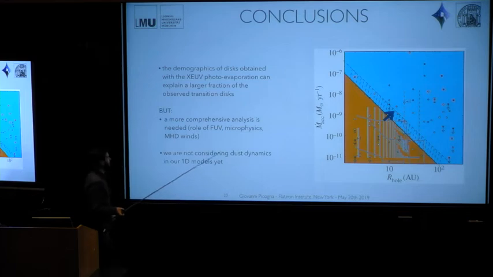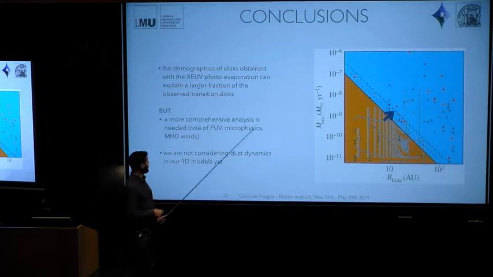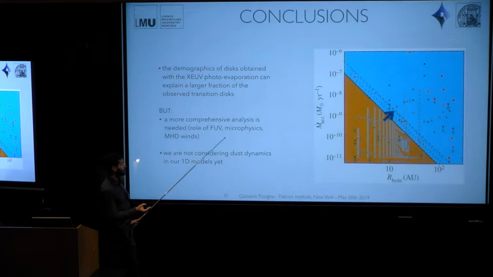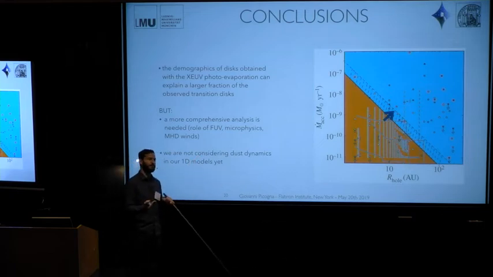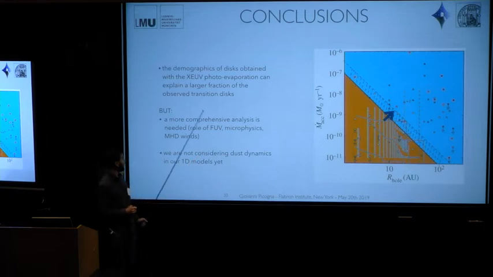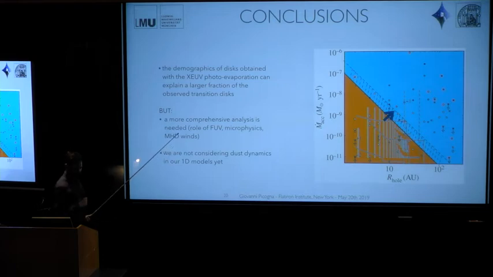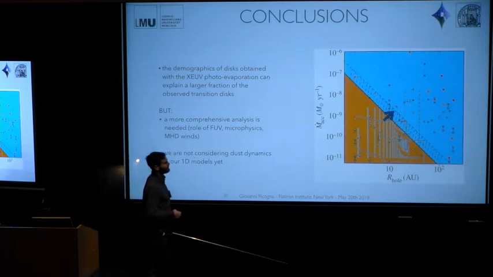And with the help of Tommaso Grassi, we are including Chrome into Pluto in order to include some microphysics into our models. We are also trying to address the different contributions of these ingredients, as well as what Svenning was talking about, the role of MHD winds and how MHD winds and photoevaporative winds can interact.